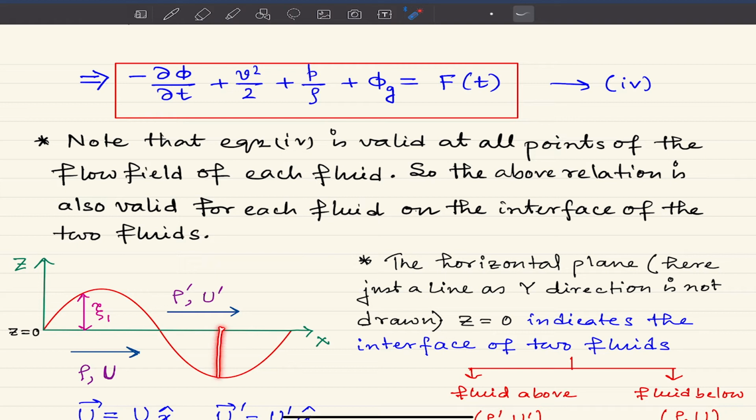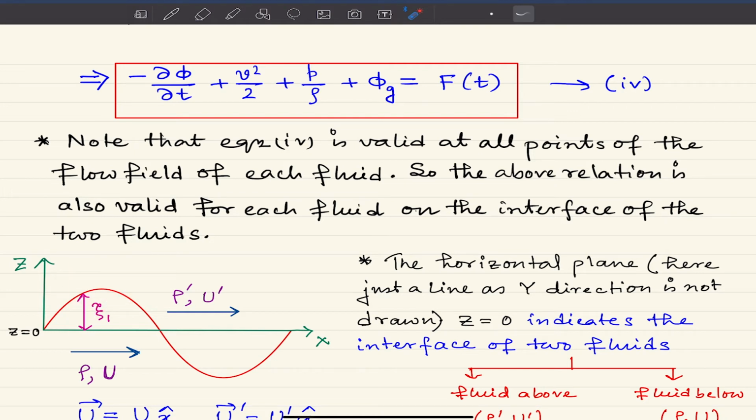For this case, some part of the fluid above, some fluid elements would come into this part, right? Because that is very easy, because now this is the new interface. So new interface simply says that this will be then the fluid above, and this will be then the fluid below.